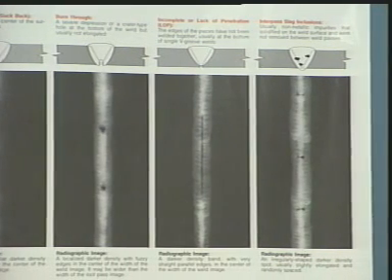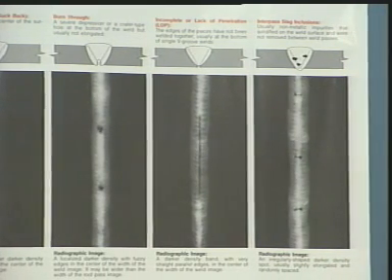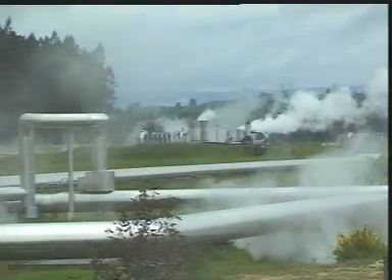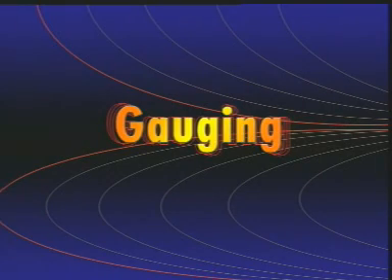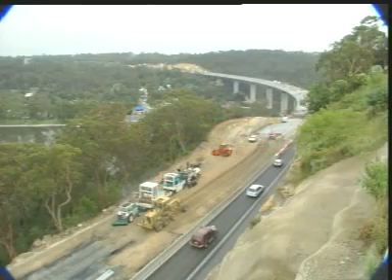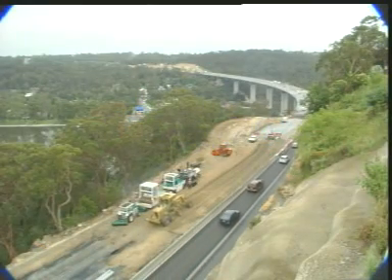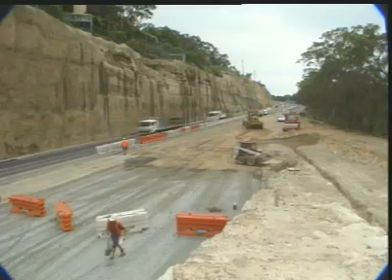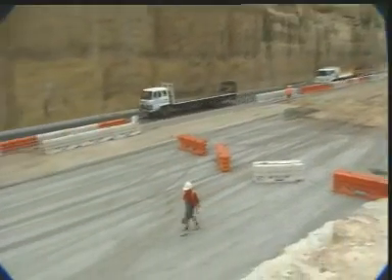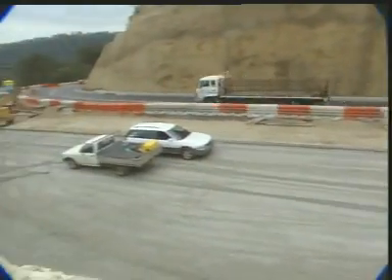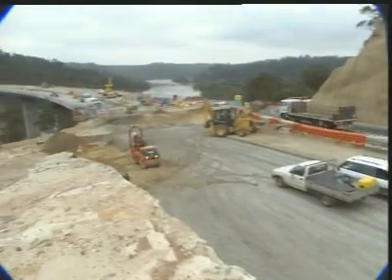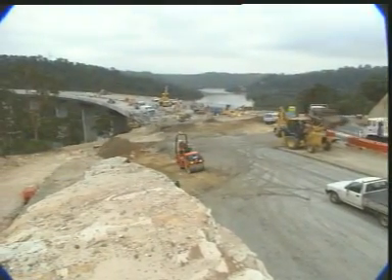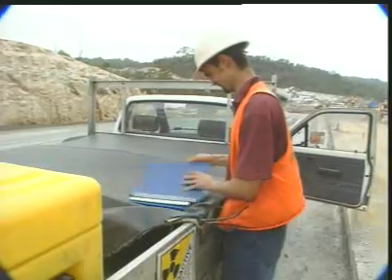This dark line shows a failure of the metal surfaces to join. Radiation is also used to measure or gauge the properties of materials. This road is being made to strict specifications to ensure that it will stand up to the pressure of heavy traffic.